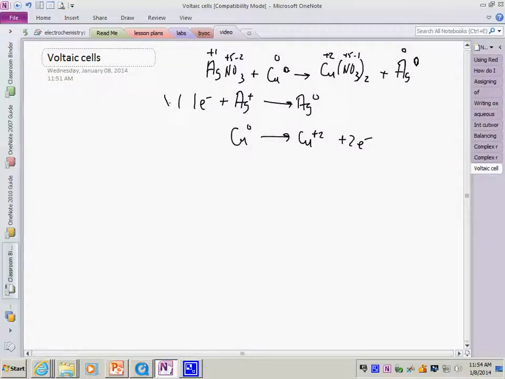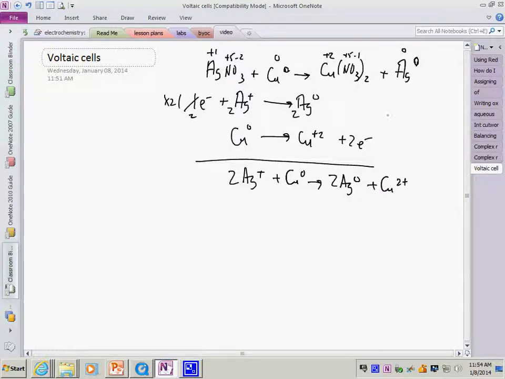This would happen twice, therefore making this 2, 2, and 2. My overall net ionic equation would be 2 Ag+ plus copper metal yields 2 Ag, no charge, plus Cu2+ ion.